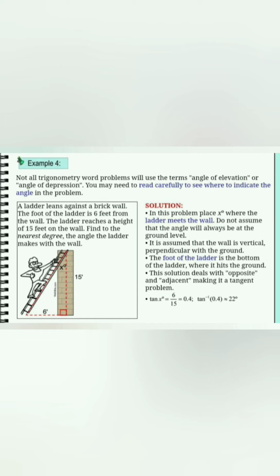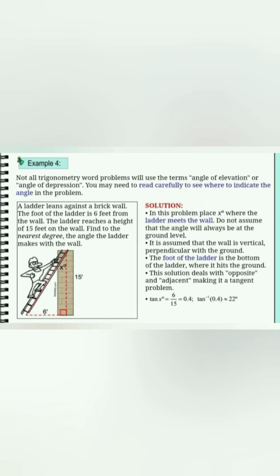After we get the points, we have to sketch a triangle and apply the points given. So now we have sketched the triangle: 15 is the height and 6 is the distance of the ladder from the wall.